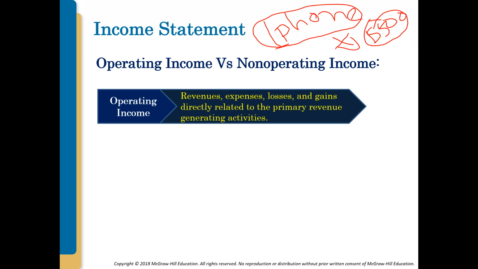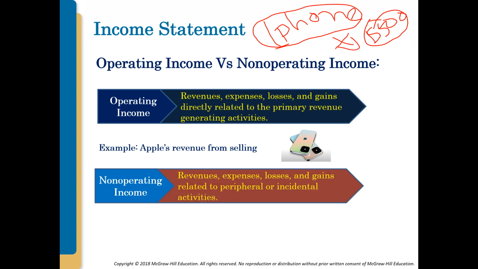Okay, and the non-operating income includes the revenues, expenses, losses and gains that are related to peripheral or incidental activities.